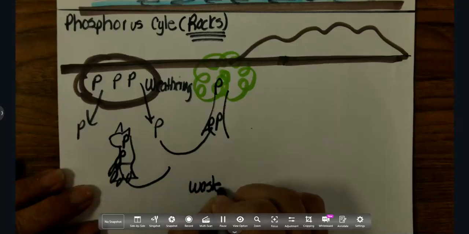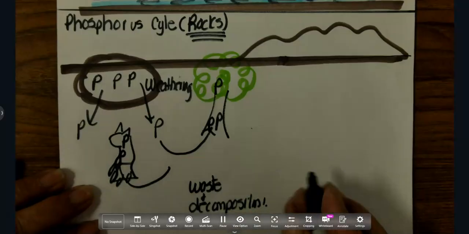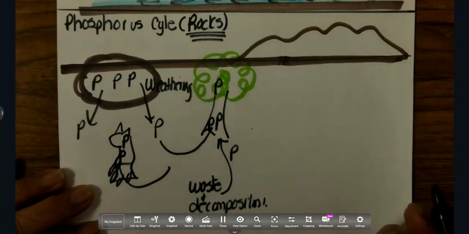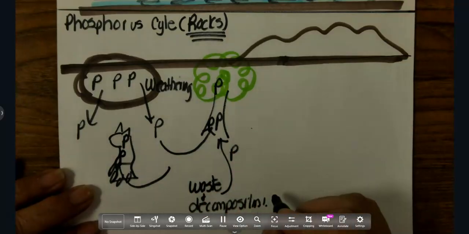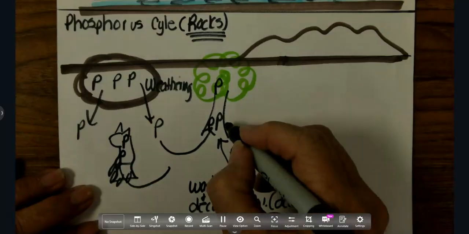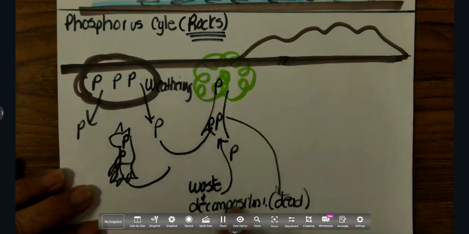Another way that we can get phosphorus is when living things decompose or create waste, we can put phosphorus into the system as well. So they can be dead things, right? And that can be a tree, for example. Let's say a tree decomposes, and then that is processed by microorganisms, and then that phosphorus can go back into that living thing.